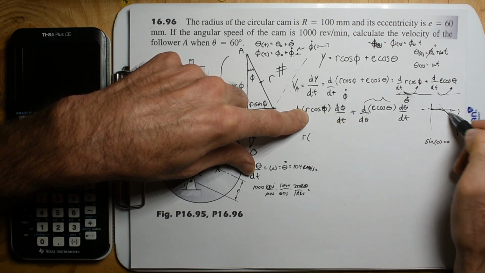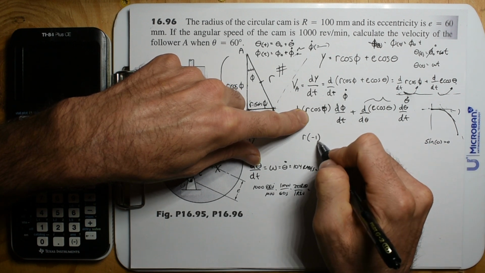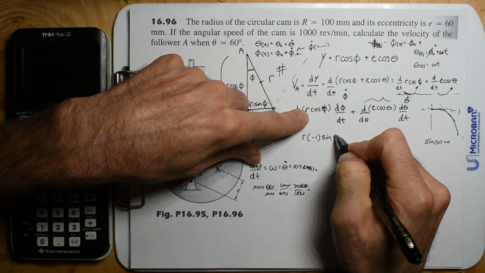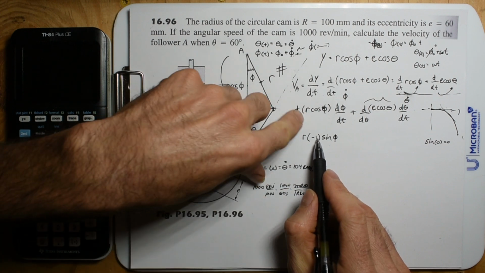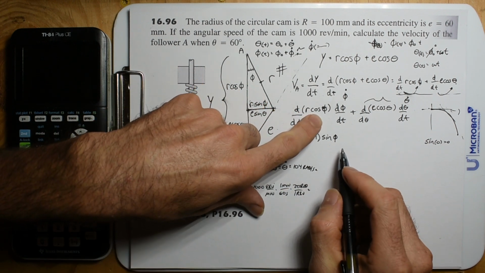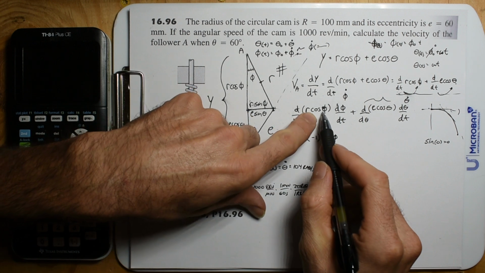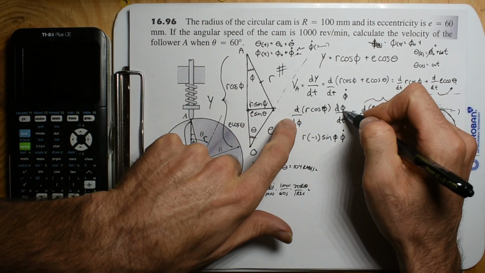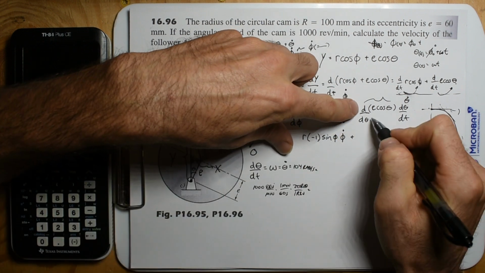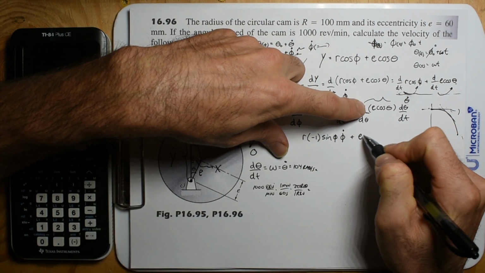You can see that it's always negative. So we get negative 1 sine phi. I like to throw the 1 in, like a product bracket. Now we have this phi dot that we have to multiply. That's part of that chain rule. Let's go to the next one. We're going to have e as a constant.